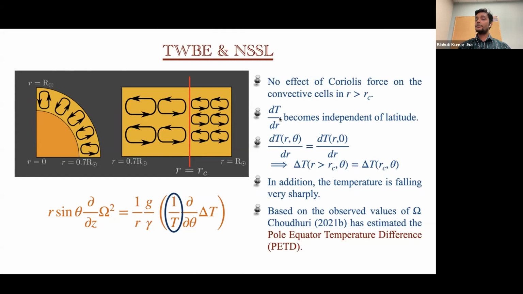So dT/dr will not depend on latitude, but it is still falling. Whatever dT/dr you get at any theta will be the same for all theta. But delta T itself will still depend on theta, and that's why you still get the derivative in the term. Yes. Okay, thank you.